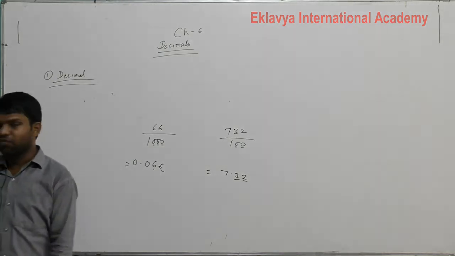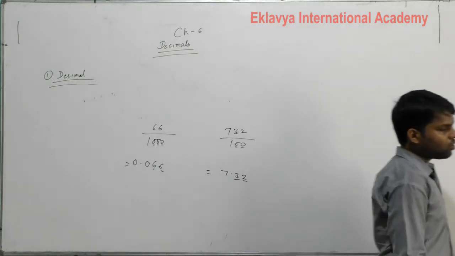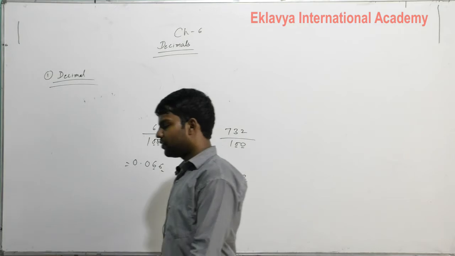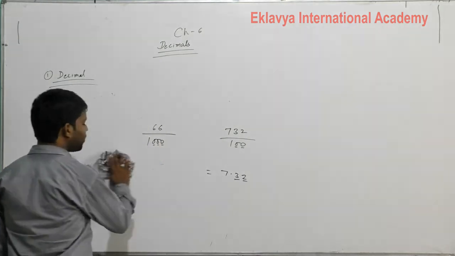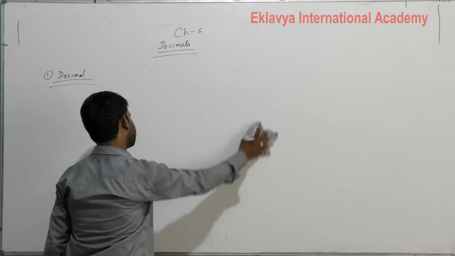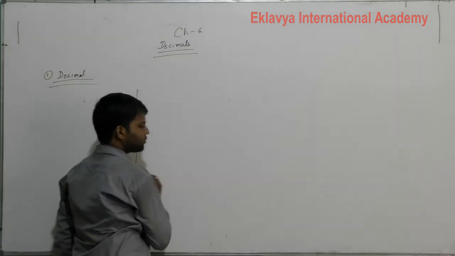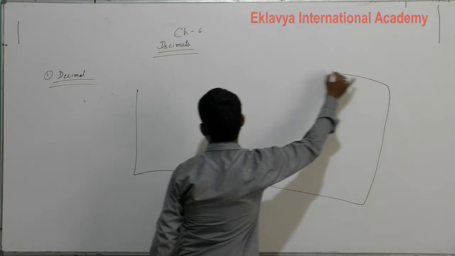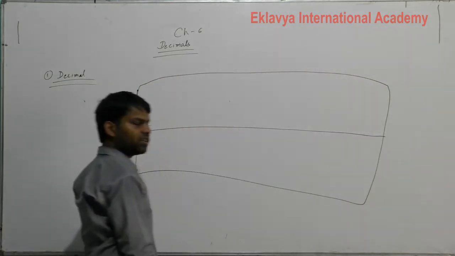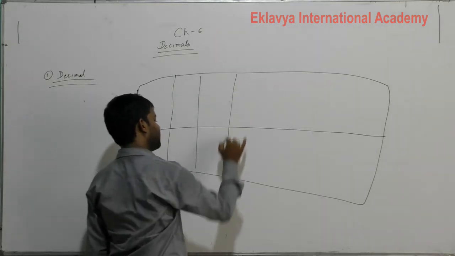Now we will see the place value chart. What is the meaning of place value? If we have ones place, tens place, thousands place, then how will we write in the place value chart? First we will draw a place value chart. The chart is like this type. In this we have made 2 rows. In the first row we write some numbers.